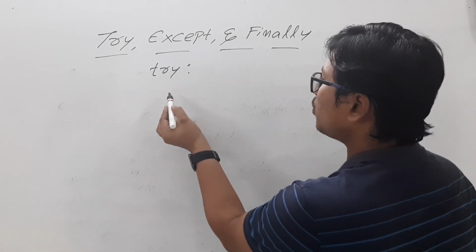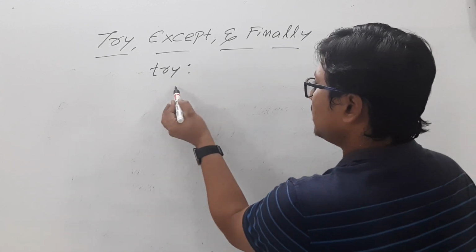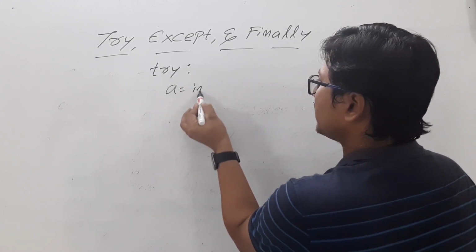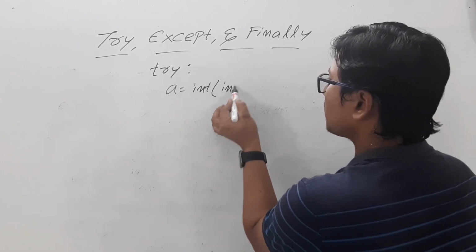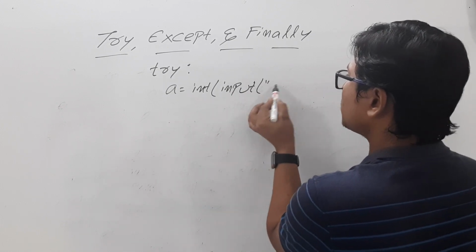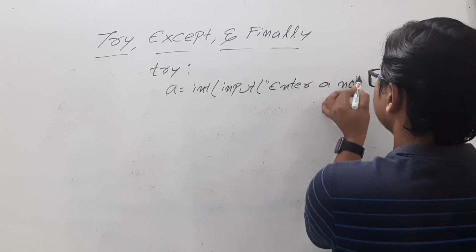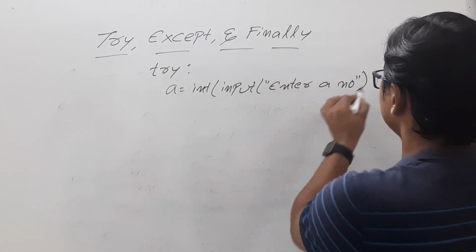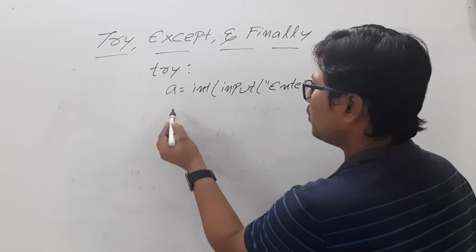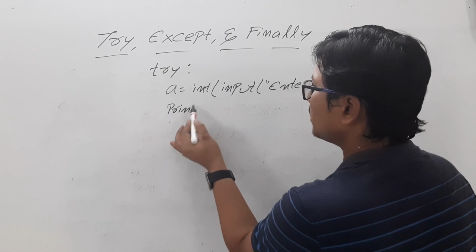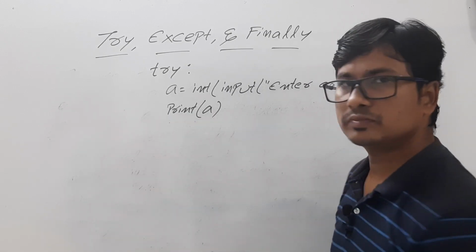Now, in the try block, I am asking the user to enter an input, a number. And then I want to print that value.